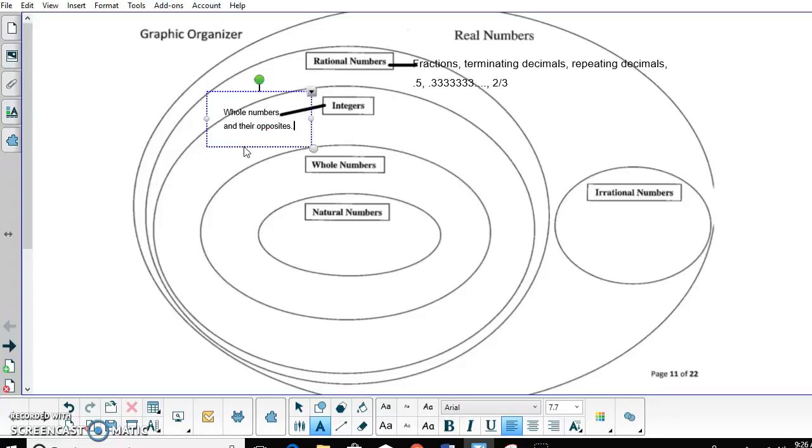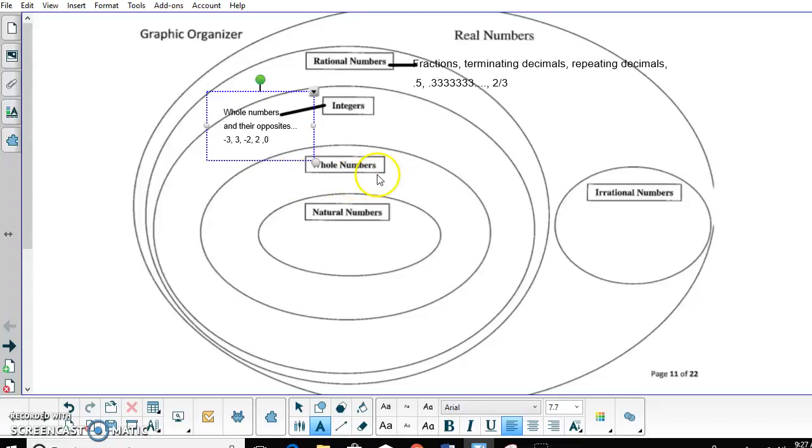So let's think of some examples of that. Some examples would be -3 and 3, -2 and 2. And we have to remember that we always include 0 in this. 0 is always an integer.